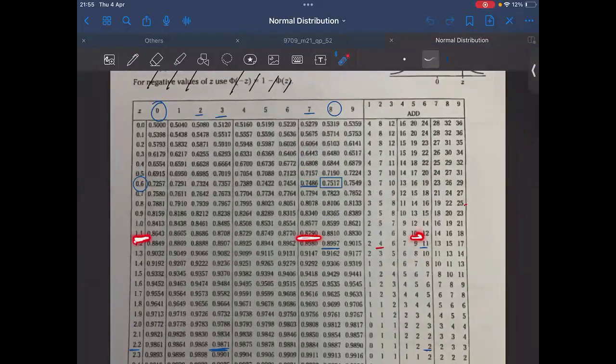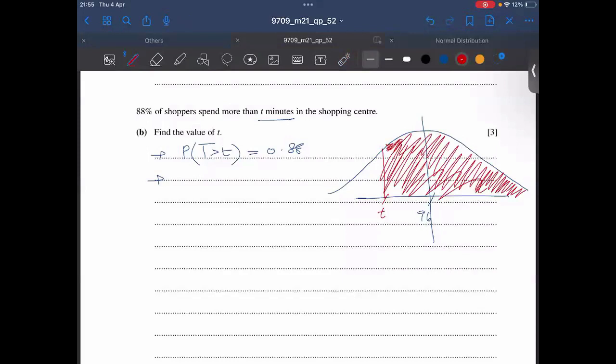So this is 1.175. So the value of z is going to be negative 1.175. And why negative? Because we can see that the value of t is lying on the left of mean.